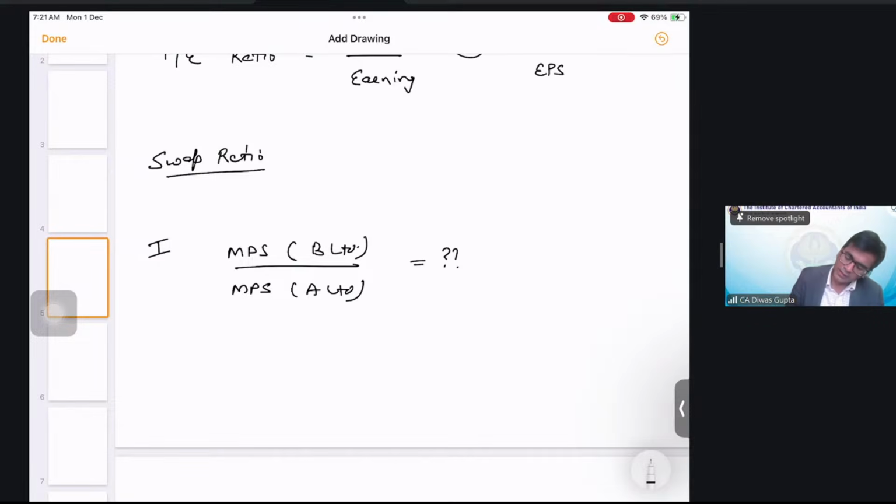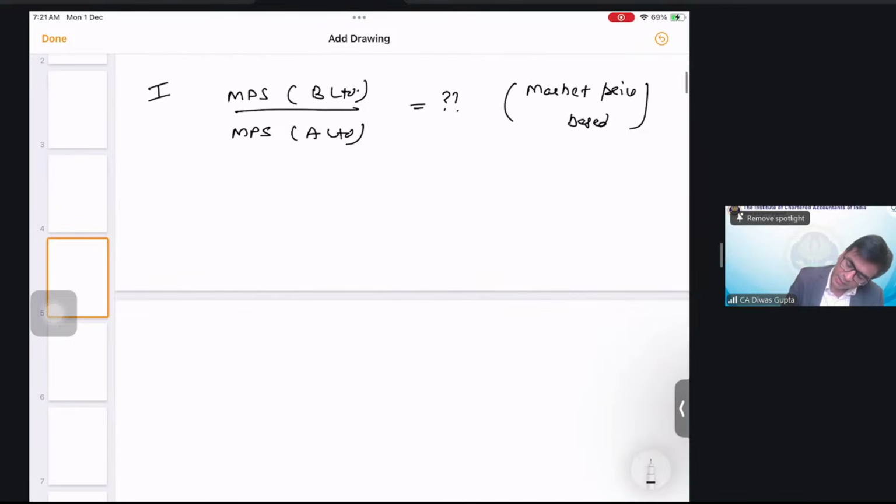Whatever that value comes out to be, that becomes your swap ratio. This is market price based. So market price based, what you'll have to do? The target company in the numerator, acquiring company in the denominator, and you have to calculate the market price per share.